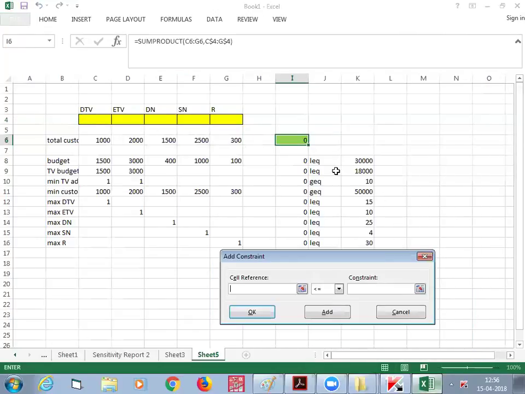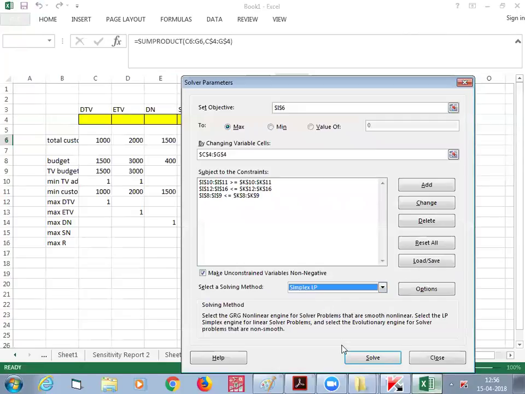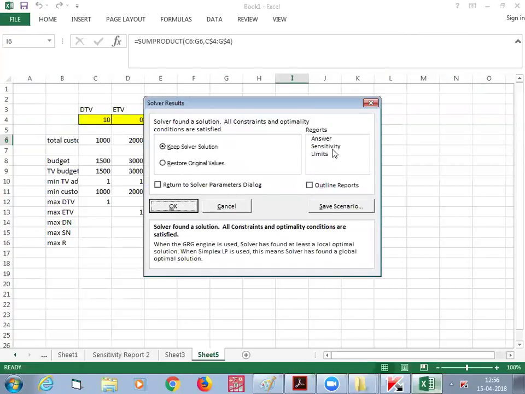These are the variables, and again, our same constraints. The next two are greater than or equal to, and the last 5 are less than or equal to. Okay, simplex, and we solve.